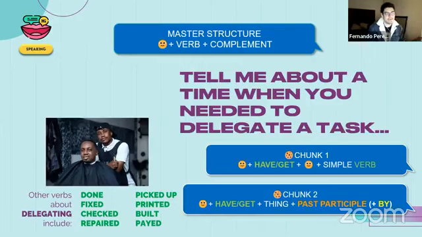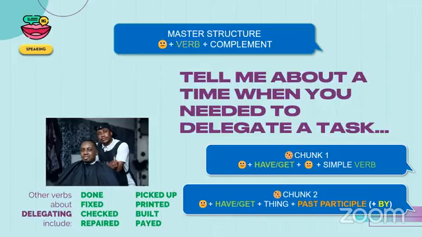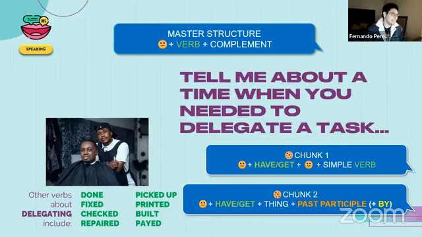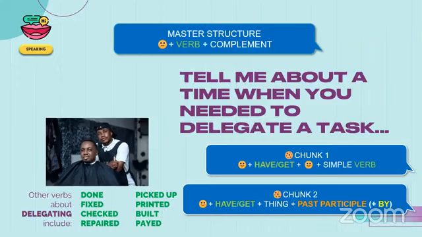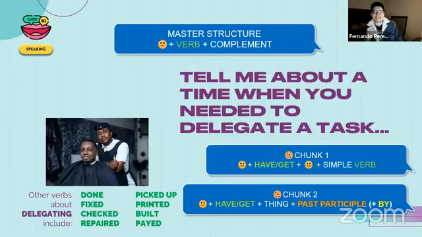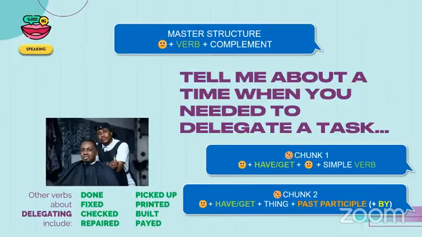But let's repeat now. One more time. I have my mom pay the bills. Excellent. So you delegated this task to her. Tell me, make the same example, but now make the mom irrelevant. I have the bills paid.